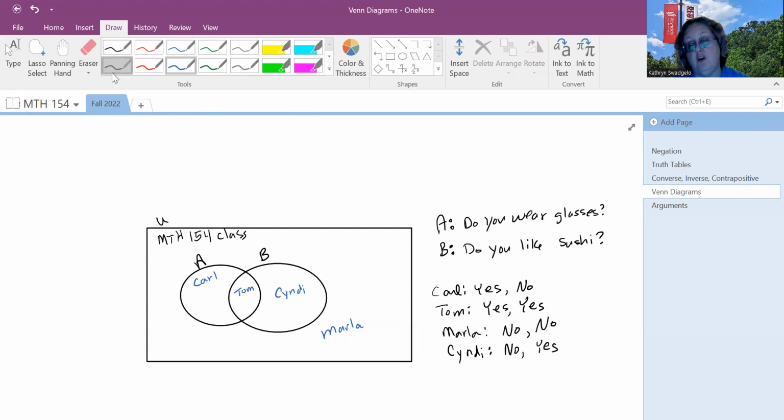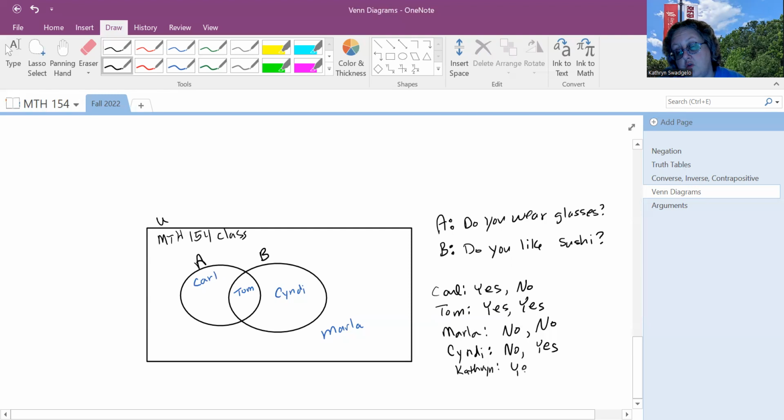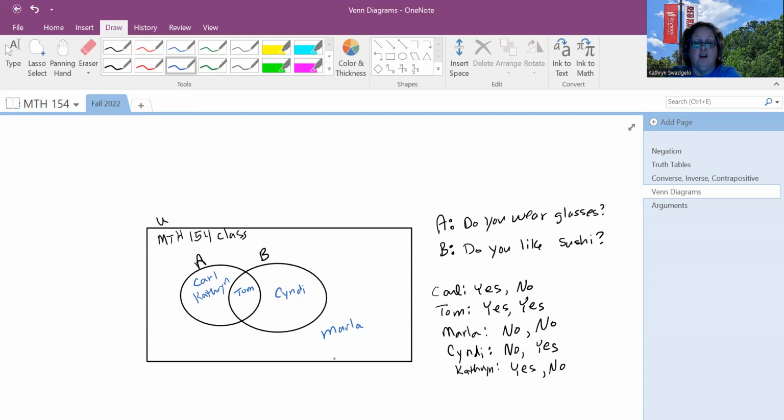And then if you want, you can put yourself in there. So since I'm doing this one, I'll put me. Catherine, yes, I do wear glasses. And no, I don't care for sushi. So where am I going to go? I go in here with the glasses, but not overlapping with the sushi people. So that's how you will end up with your Venn diagram at the end.